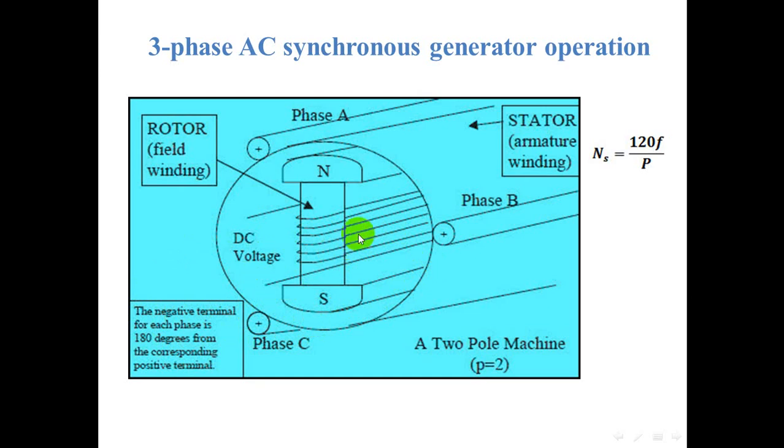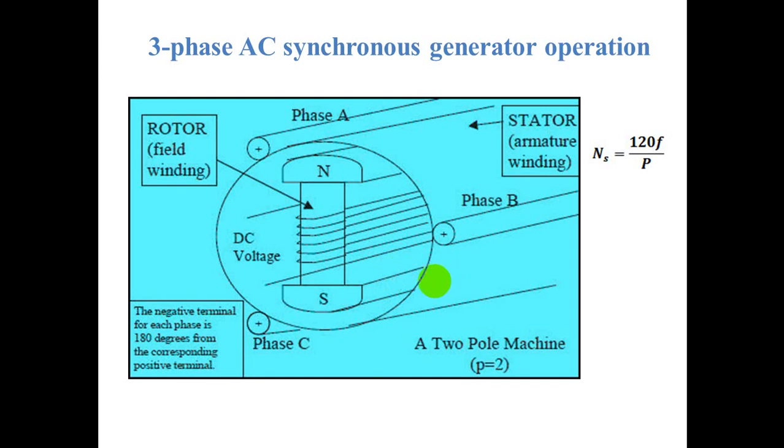Synchronous generator working principle. The principle of operation of synchronous generators is electromagnetic induction. If there exists a relative motion between the flux and conductors, then an EMF, or electromotive force, is induced in the conductors.